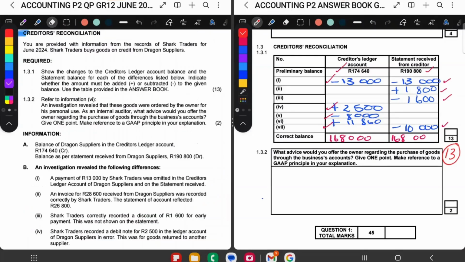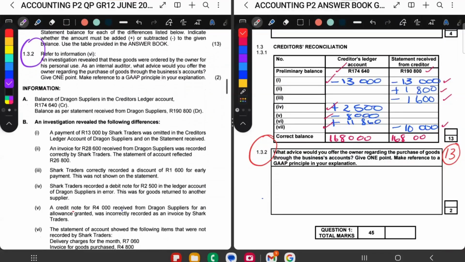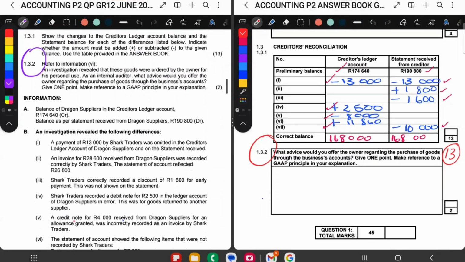Okay, and for our last question over here, so here's 1.3.2. It says refer to information number 6. An investigation revealed that these goods were ordered by the owner for personal use. Okay, what advice would you offer the owner regarding the purchase of goods through the business's account?